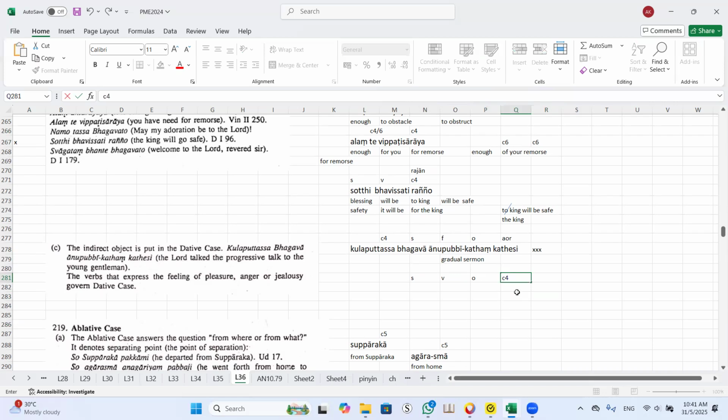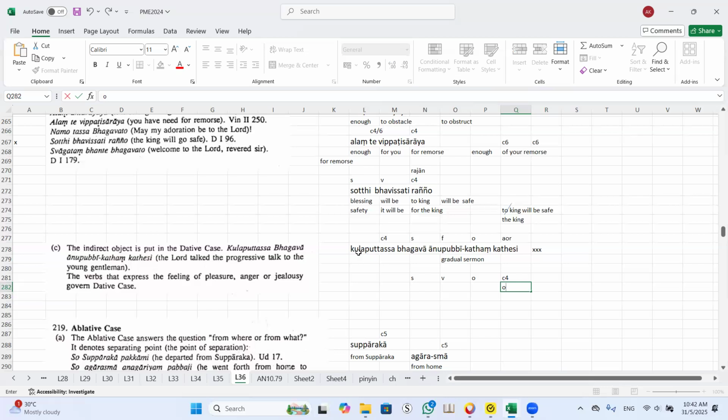Sometimes the indirect object can be a double accusative object. Subject, verb, object, double accusative. So if it's double accusative, then you automatically translate it as indirect object. So in this case, this is an indirect object. A gradual sermon to the son of a family, a son of good family.